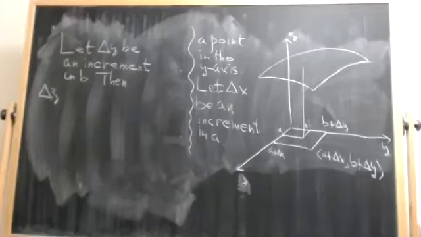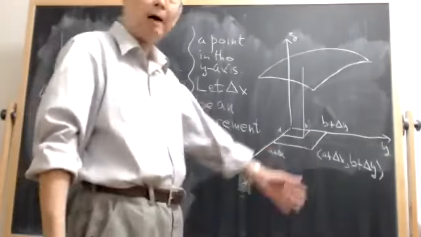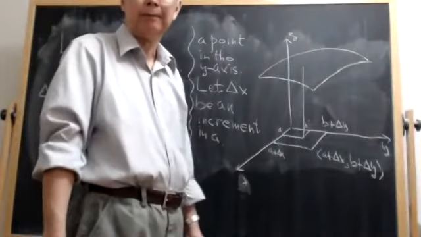Yeah, because delta X and delta Y are very small, so they are close to AB.